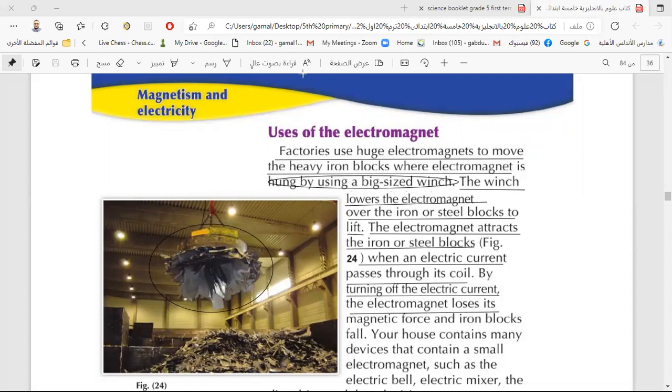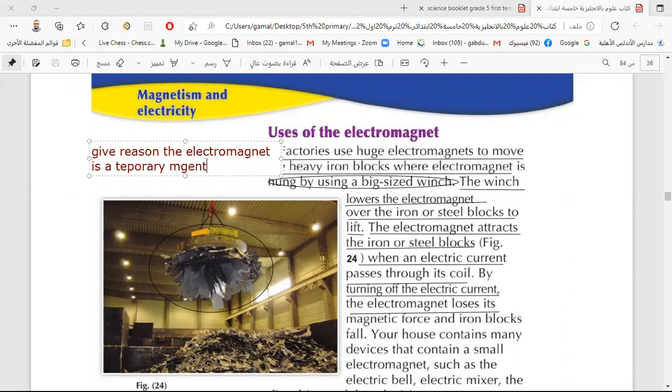So I have a question for you. Give reason: the electromagnet is a temporary magnet. Who can answer this question?